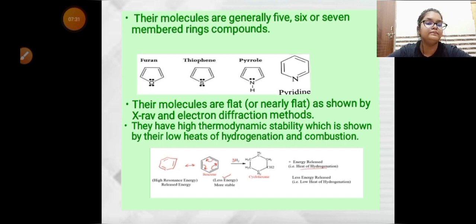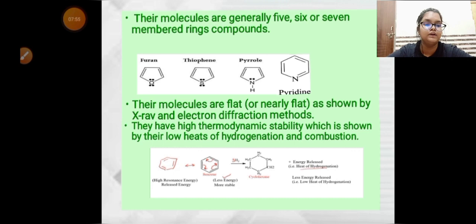We know that in the benzene ring there is a delocalization of pi electrons, means energy is released continuously, and this released energy is resonance energy, means benzene has high stability, means the benzene has less energy.